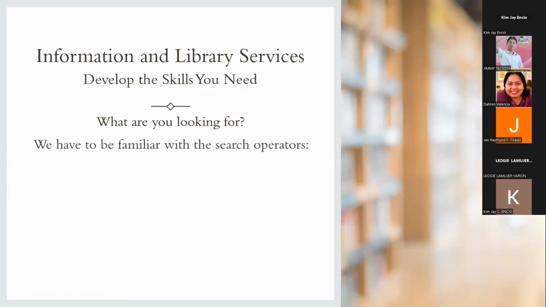That is using online. Next, we have to be familiar with search operators, which are usually the words and, or, and not, and that is just logic, right? These are simple words, but very relevant. They help us trim down our results into the specific studies or topics we are looking for.